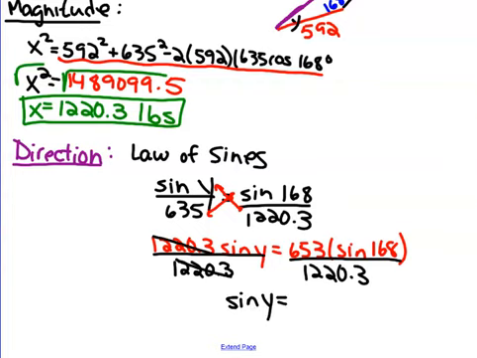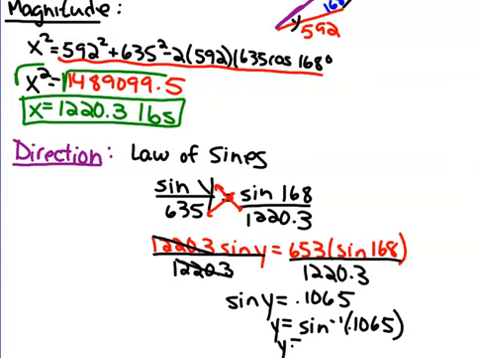So when I put 635 times sine of 168, hit enter, divide by 1,220.3, and I do second sin of that answer, I get about 6.1 degrees, okay? Which seems like it makes sense.